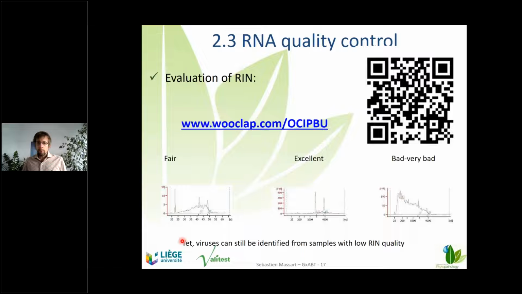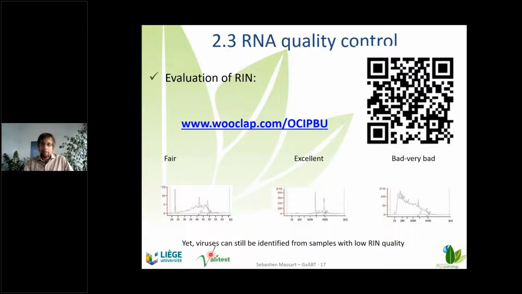I wanted to underline one point that you have to keep in mind if you work with viruses and RNA extraction. There is also a question in the chat: what is the lowest or minimal RIN value for an optimal read length? There are two elements.